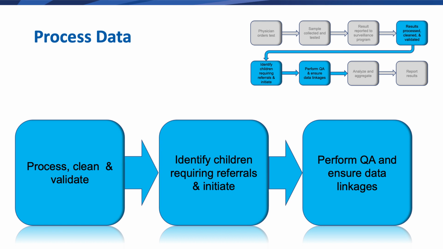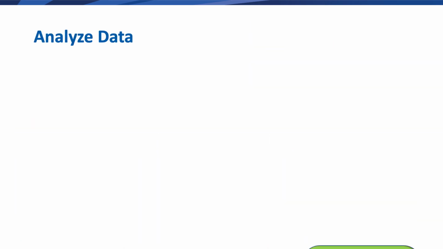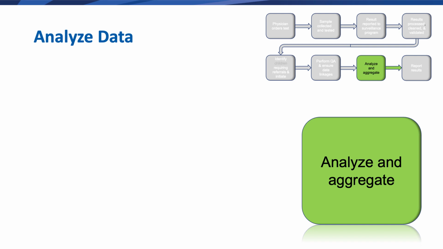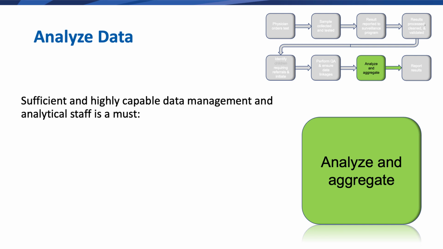Another important factor is to establish connections to other systems. Examples of this include linkage to Medicaid, immunization registries, and other centralized data repositories. This can assist in notification of lead results and coordination of care and services. To properly analyze your surveillance data, having sufficient and highly capable data management and analytical staff is a must.